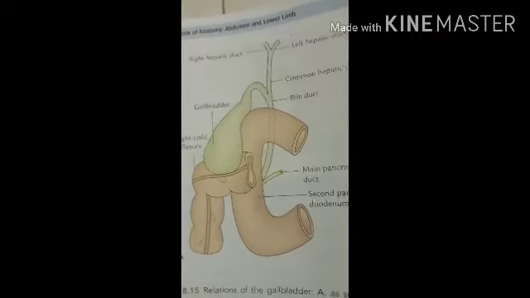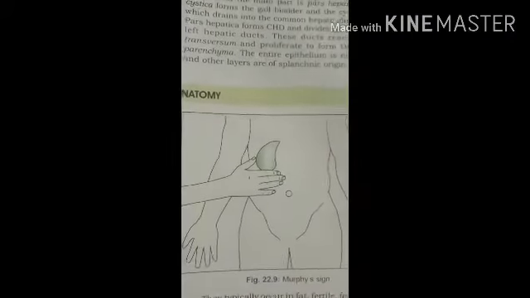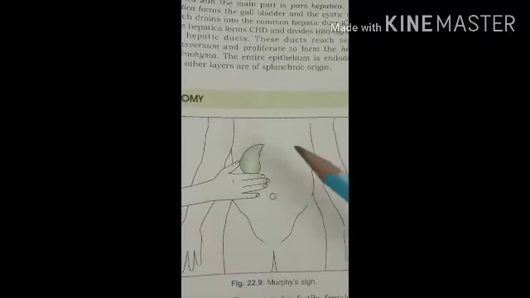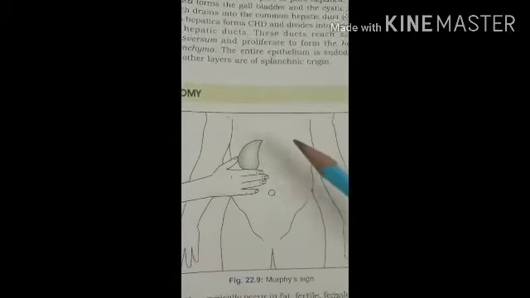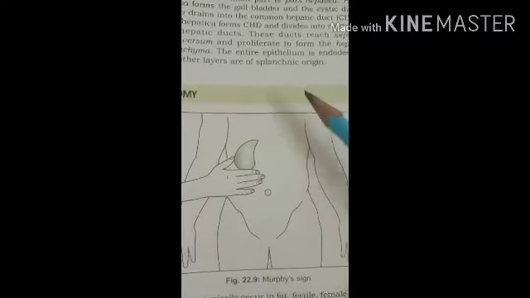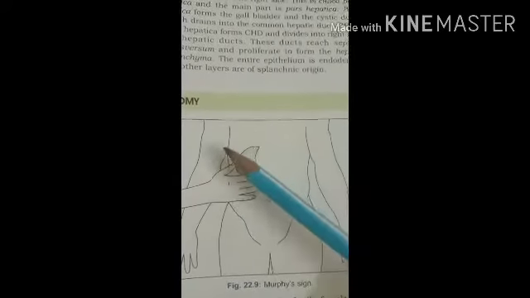Then the next point is the Murphy's sign. Here in this diagram you can see the Murphy's sign. In cholecystitis, when inflammation of the gallbladder occurs, the patient complains of pain over the right hypochondriac region, which radiates to the inferior angle of the scapula.